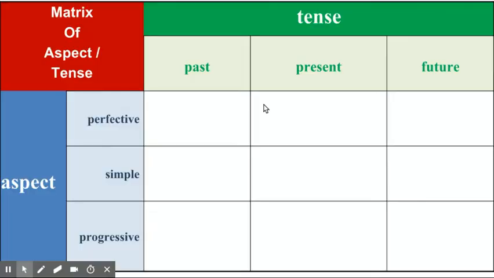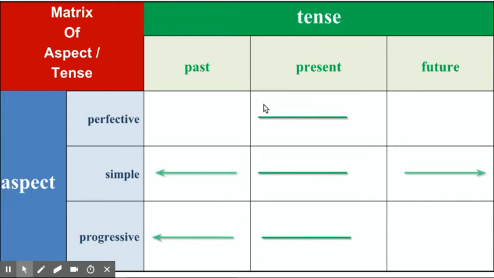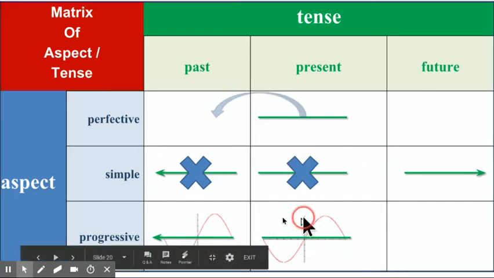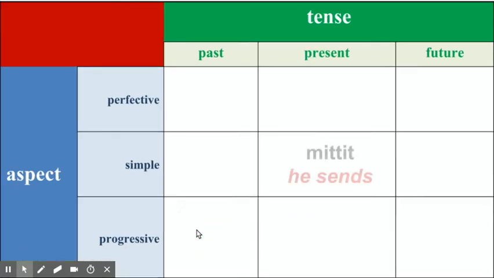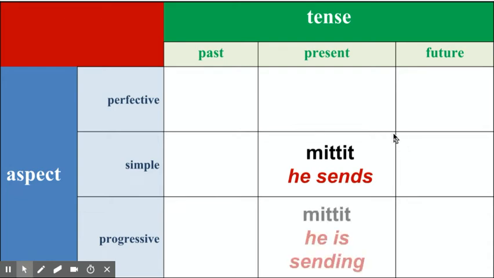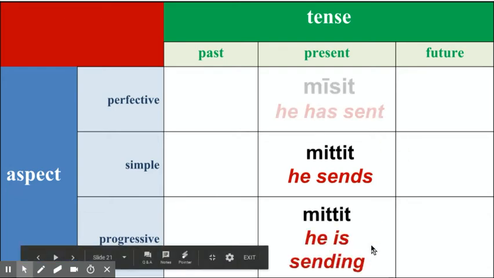All right, let's talk about the aspect tense matrix, which we've covered before. Simple past, simple present, as well as progressive present. And now we can do progressive past. So taking that same verb mitto, mittit, he sends. Mittit, he is sending.